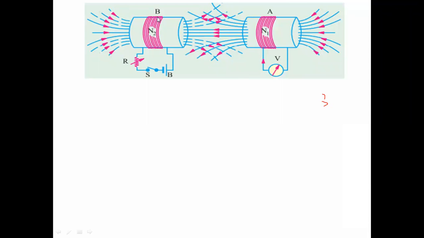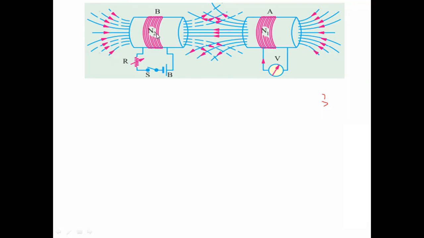We allow current to flow through coil B, and the flux generated in this coil will cut coil A, and due to that EMF will be generated in coil A. That will be measured by using the voltmeter.